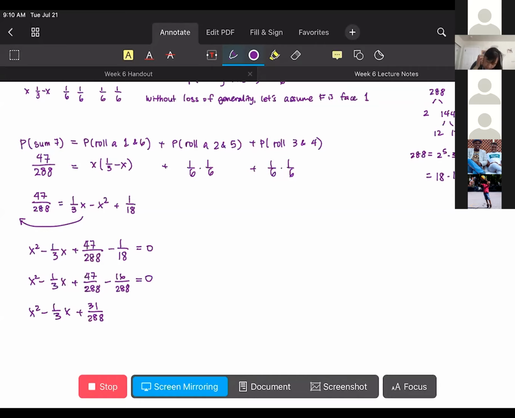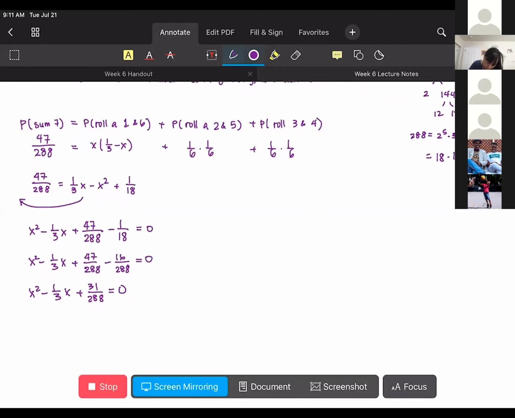All right. I don't think this is quite what I want though. Let me check my math. Something here is not right. Can we go on to shift the 31 over 288 to the other side? And since half of 1/3 is 1/6, we square 1/6 and add it to both the left-hand side and right-hand side.